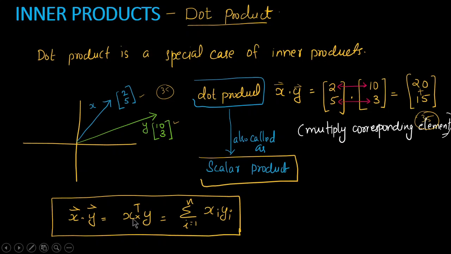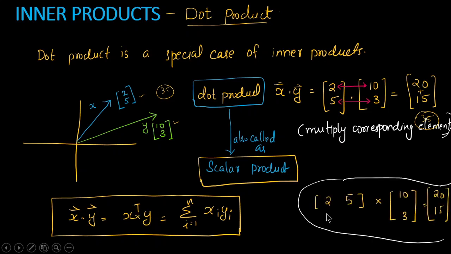Let us check this equation x transpose y. x is 2, 5, so the transpose will be a row vector 2, 5 multiplied by 10, 3, that is the vector y. Correspondingly we get 20 and 15, and take the sum. It will be summed up and we will get 35.